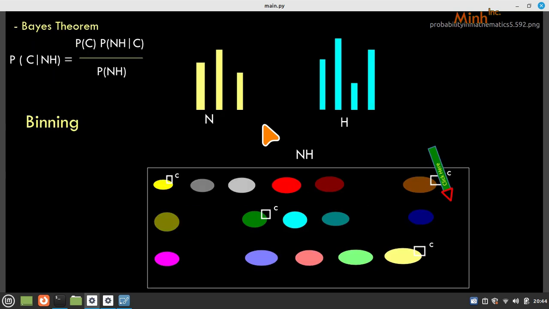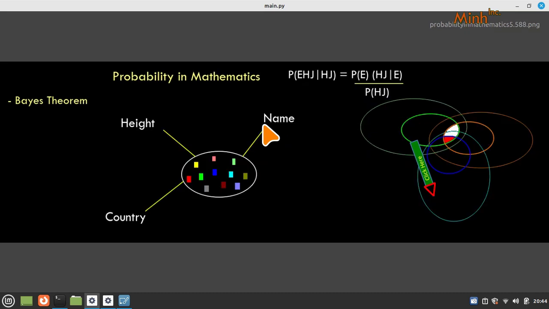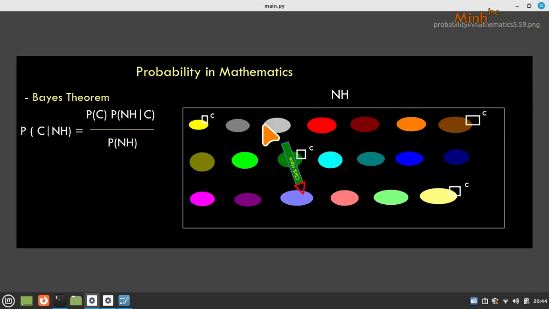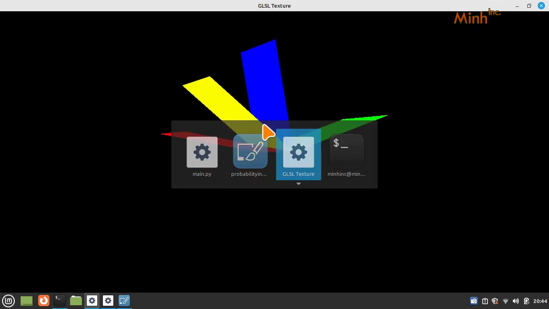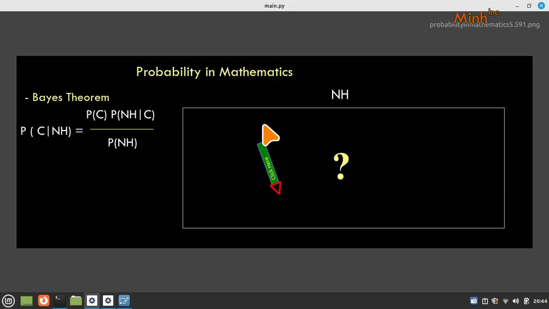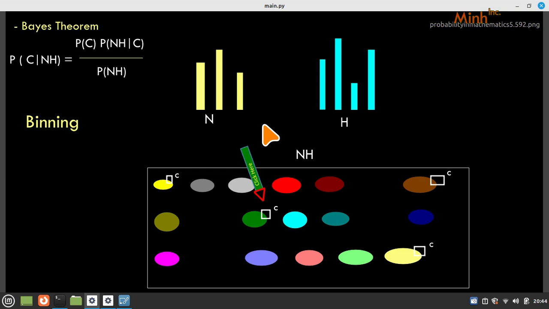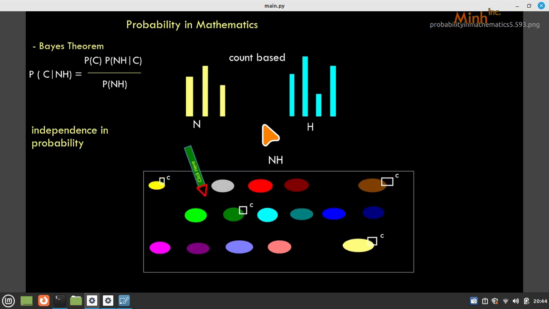So we talked about three ways. One is getting the actual coexistence, like we saw the different plane, the yellow one. If the actual coexistence doesn't exist, then we go for binning, and inside the binning also, if we don't find it, then we could go for independence in the probability.